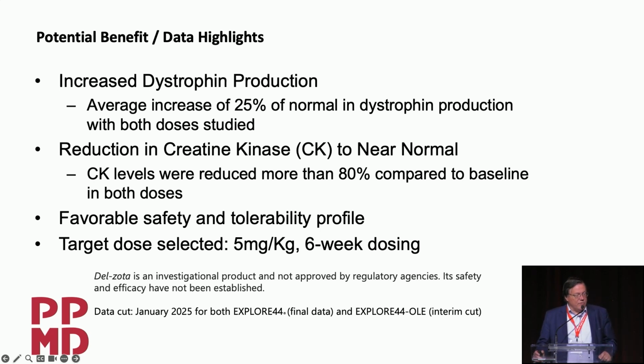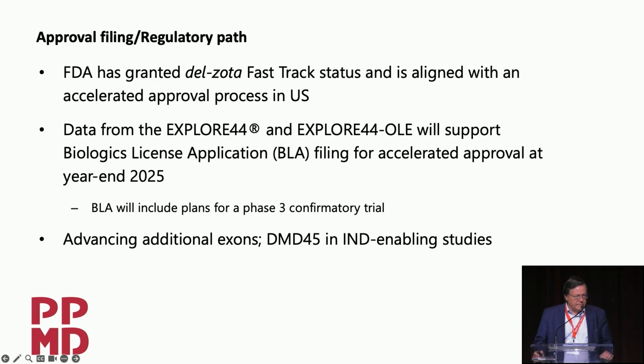So a favorable safety and tolerability profile, and here again at a relatively low dose, 5 mg per kg, dosing every 6 weeks, which is again an improvement in tolerability. It's been granted fast track status, and there's planning for a filing for accelerated approval at year end 2025.